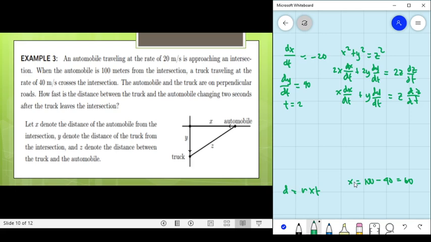Thus, the value of z is equal to the square root of 60 squared plus 80 squared equals how much? 100. Okay?